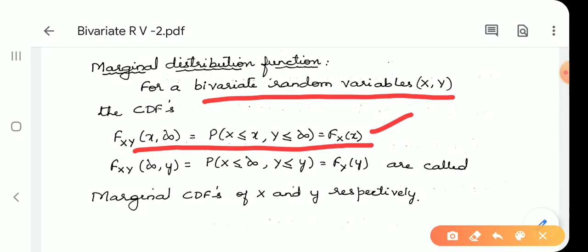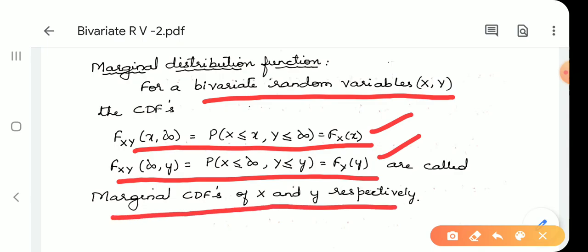Similarly, F_XY of infinity comma y is equal to P of X less than or equal to infinity, comma, Y less than or equal to y, which can be represented as F_Y of y. These two are called the marginal CDFs of X and Y respectively.